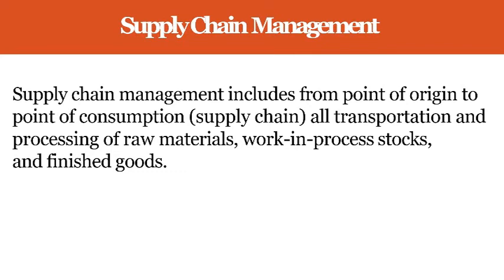So supply chain management includes everything from point of origin to point of consumption. So that is from the factory to the consumer. So all transportation and processing of raw materials, work in process stocks and finished goods. So that is under the supply chain management.